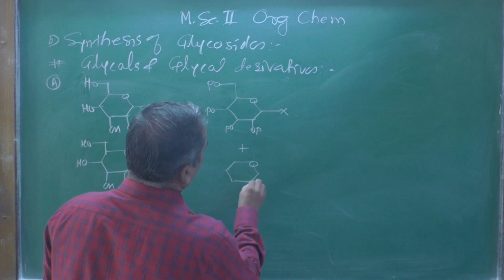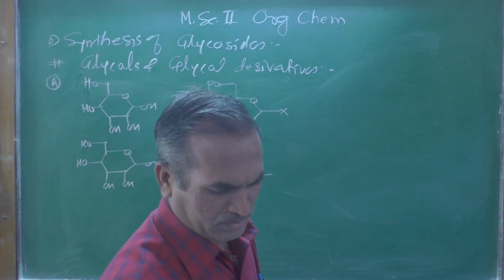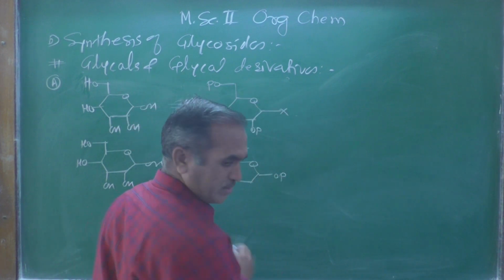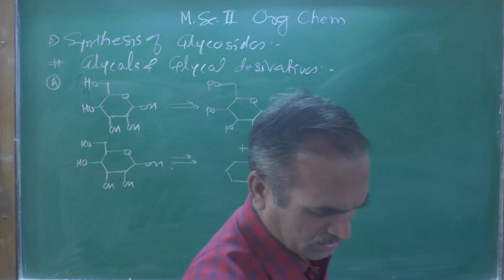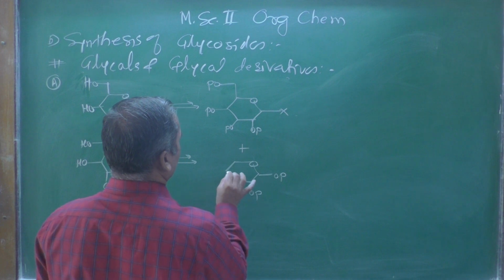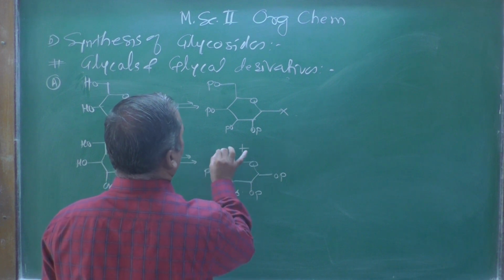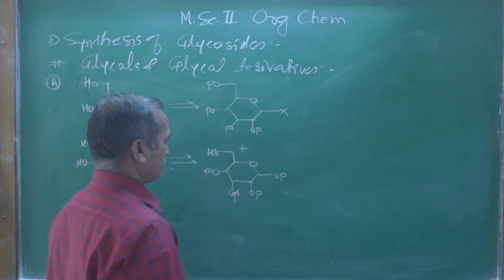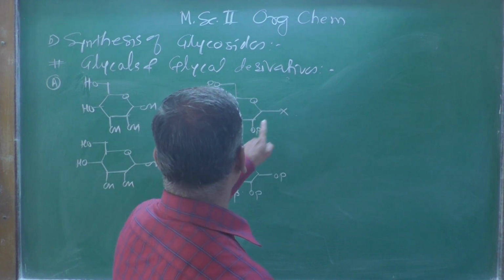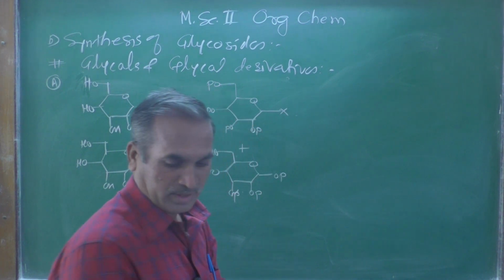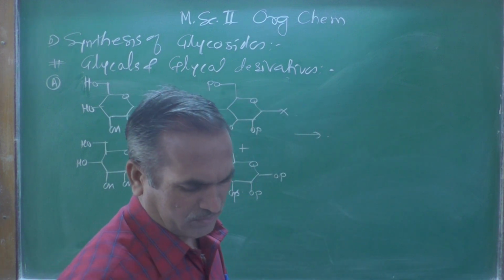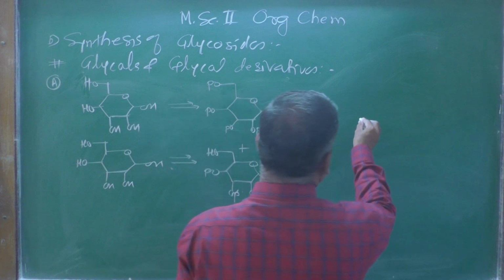You can get this compound in such a way that here OP, and everywhere OP, OP, here PO, and one hydroxyl group is kept free, so that this X and this hydroxyl group combine together, and the resulting compound formed will be this one.